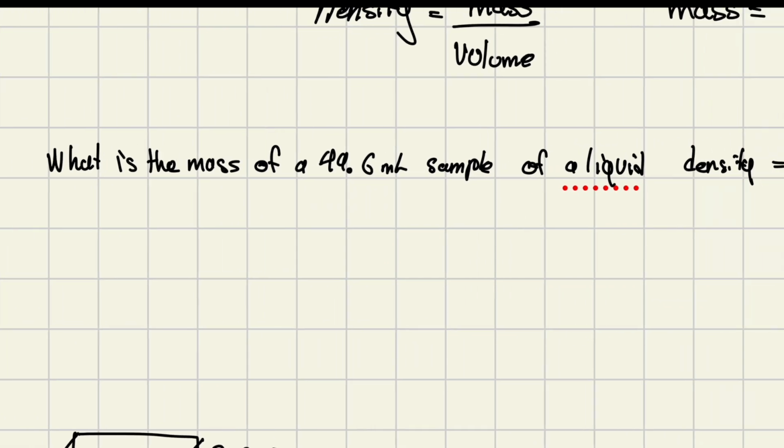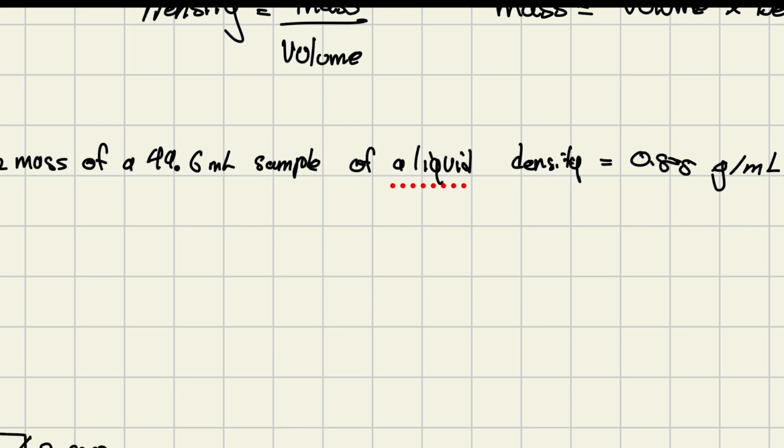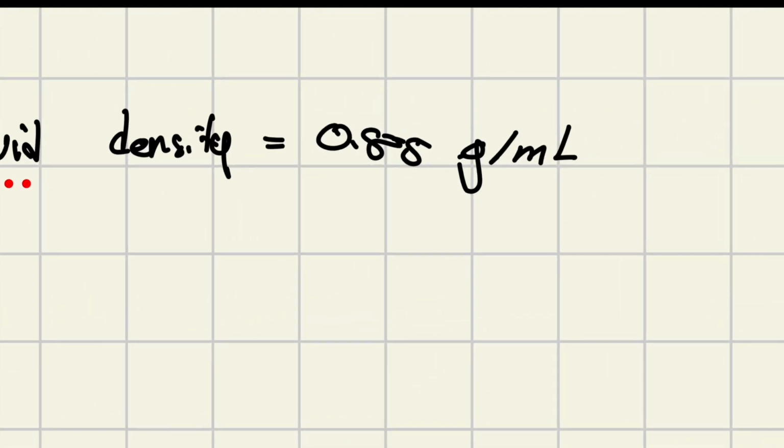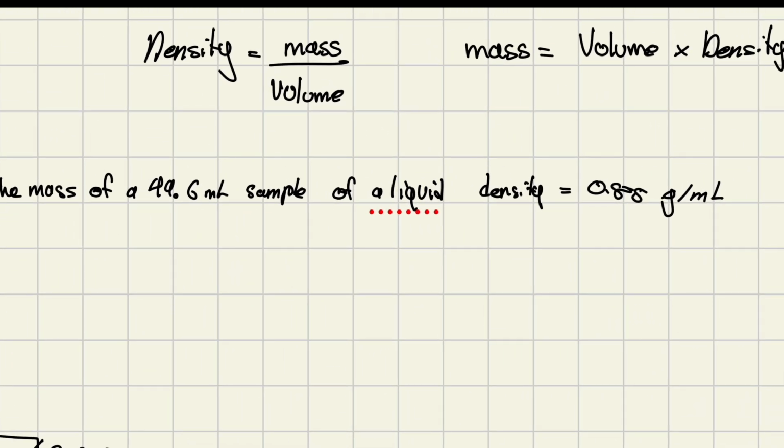So we're trying to figure out the mass of a 49.6 milliliter sample of a liquid, and they give us the density here. So if we already know the density and the volume, we can plug it in.